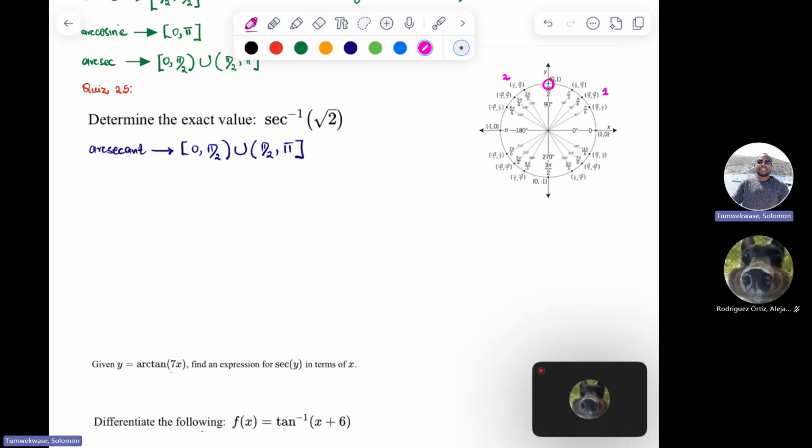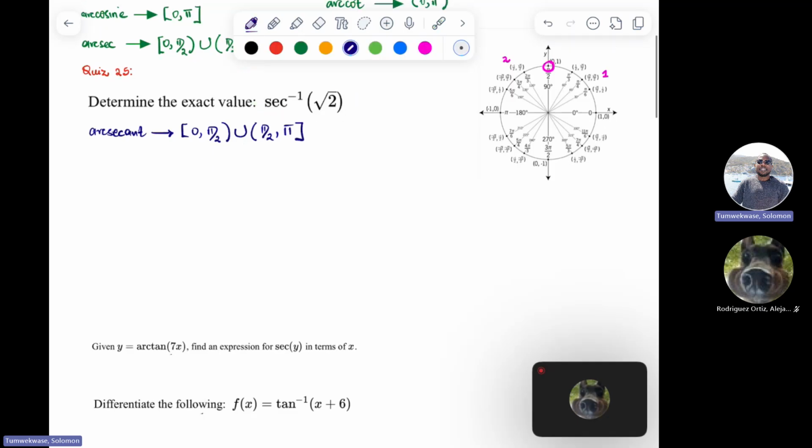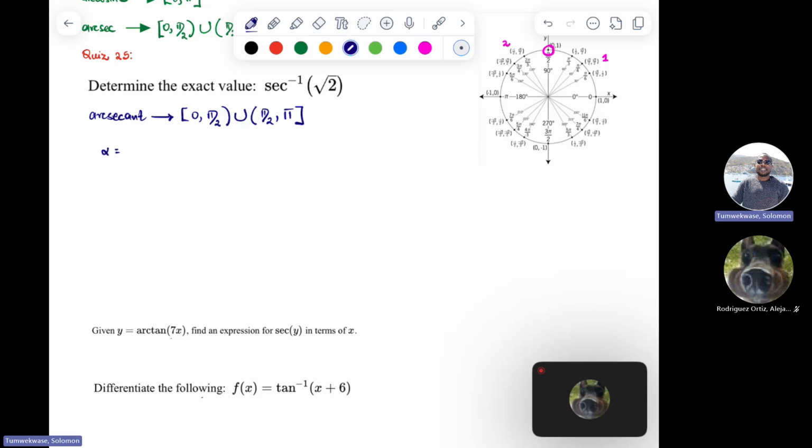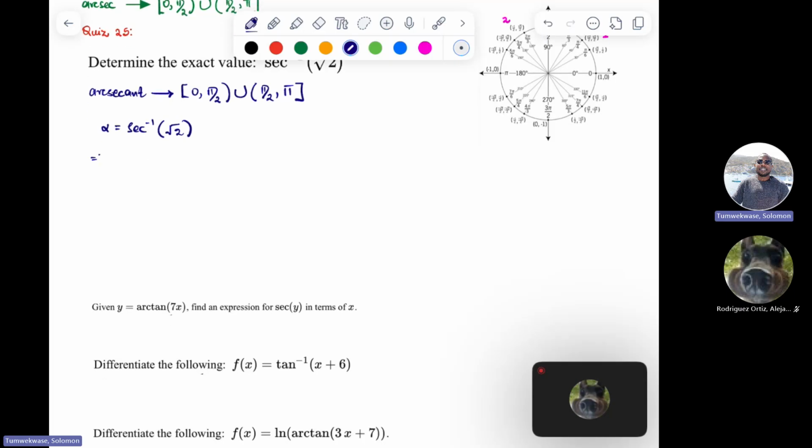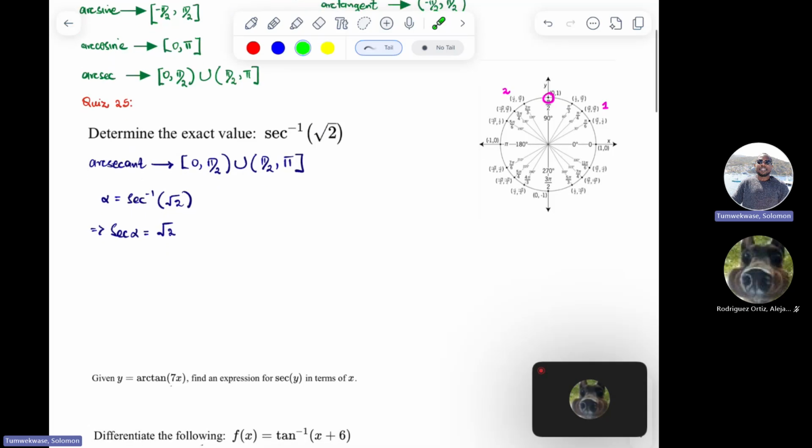Now, if I have something like this, then what they are asking for is, can you find an alpha such that it is equal to the arcsecant of square root of 2? And when I have that, this means that sec alpha is equal to square root of 2. Now, we've determined that it is in the 2 quadrants, but check that in this particular question, secant of alpha is positive, right?